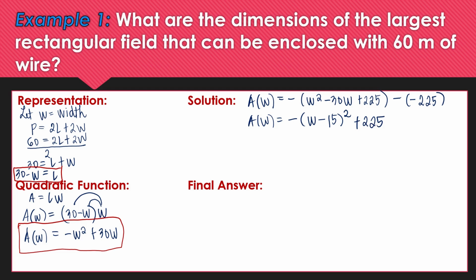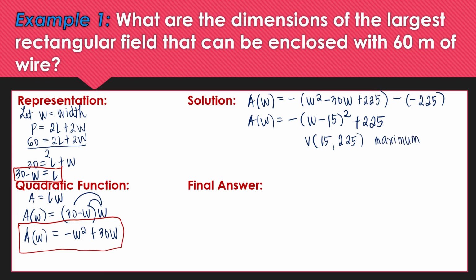How are we going to interpret this standard form in relation to the question? In the previous discussion about the vertex of the parabola, we said that the vertex is a maximum or minimum point. Here, the vertex is at 15, 225, and since the value of a is negative, the vertex is a maximum point.